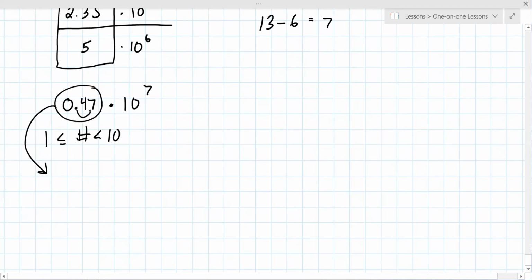So this time the decimal's going to the right. It becomes 4.7 times 10. Don't forget about this. We're going to bring that down, but we're just looking at the 0.47. We moved it to the right this time. This is what's different. This becomes -1. Do you see that? Because -1 moves it back that way. Now, when the bases are the same and you're multiplying, what do you do with the exponents?